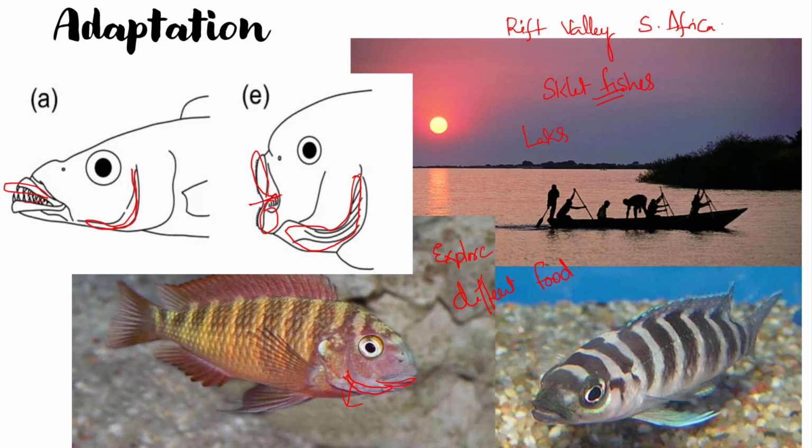So they explored different kinds of foods in these lakes, which made them visit different niches in those lakes. Due to that, the population of these cichlid fishes exploded in these lakes because they are well adapted to these lakes.